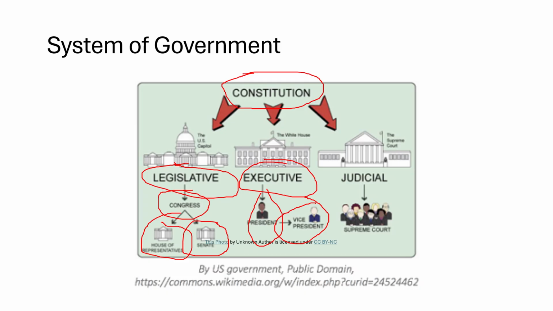And then the judicial branch is made up primarily of the Supreme Court and the other federal courts. Their main job is to interpret the law. And the states also have certain powers, but right here we're focusing on the federal government, the national government.